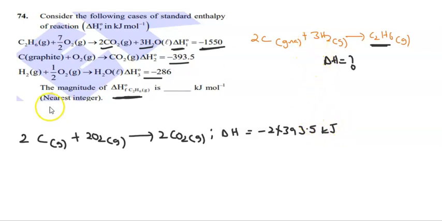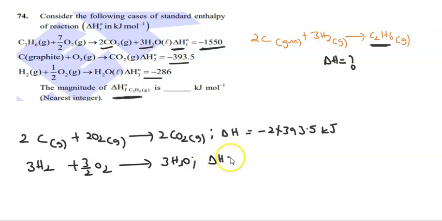And I have to multiply the third equation by 3 because 3H2 is there: 3H2 plus 3 by 2 O2 gives 3H2O, delta H is equal to minus 3 into 286 kilojoules.